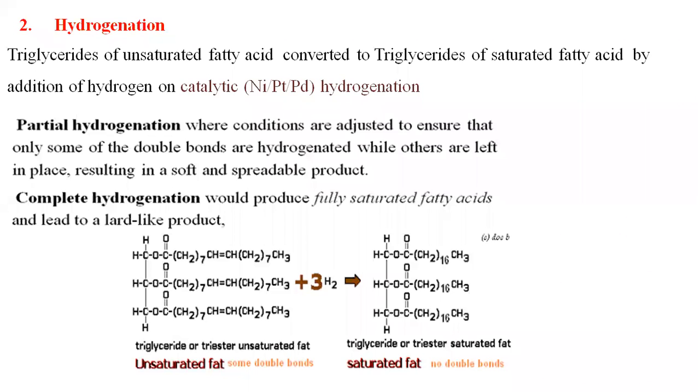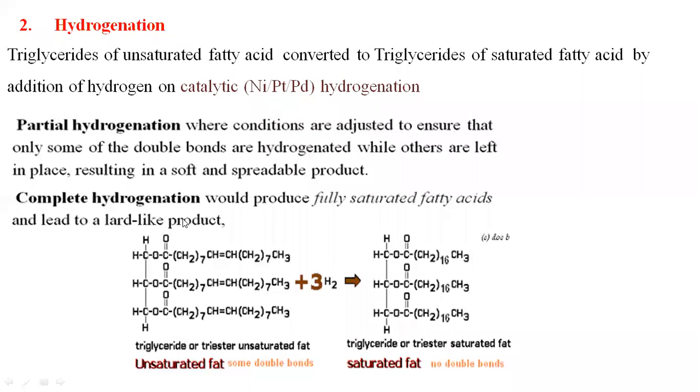Suppose a compound has three double bonds and only one is converted to a single bond, while the remaining are not. The entire compound is not converted from unsaturated to saturated. Only some double bonds are converted to single bonds. That is partial hydrogenation.